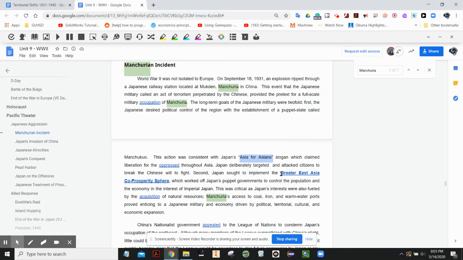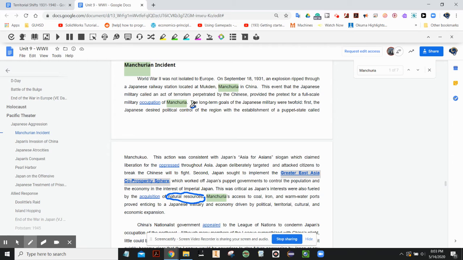The second is really the true reason why Japan wanted Manchuria. All countries, especially industrializing nations, need access to raw natural resources. These natural resources are raw materials for their industry. So this concept of natural resources is going to come up over and over again.